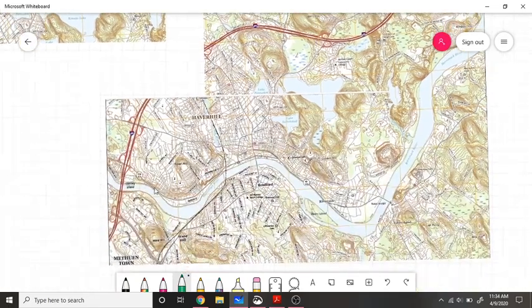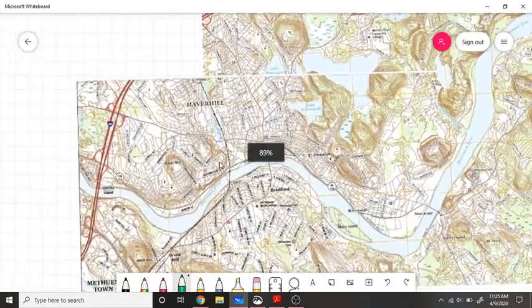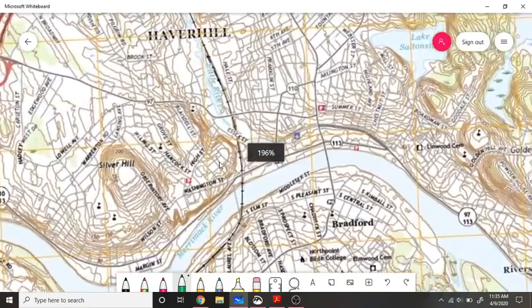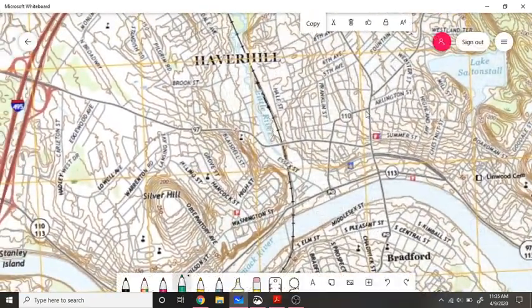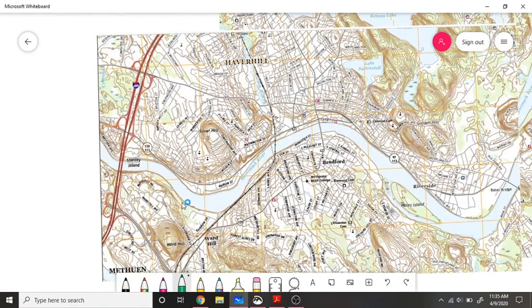If you want to take a look at the city proper, where most of us live, you can see Silver Hill is here with Observatory Ave. This is where our big radio and cell tower is, on the top of Silver Hill.